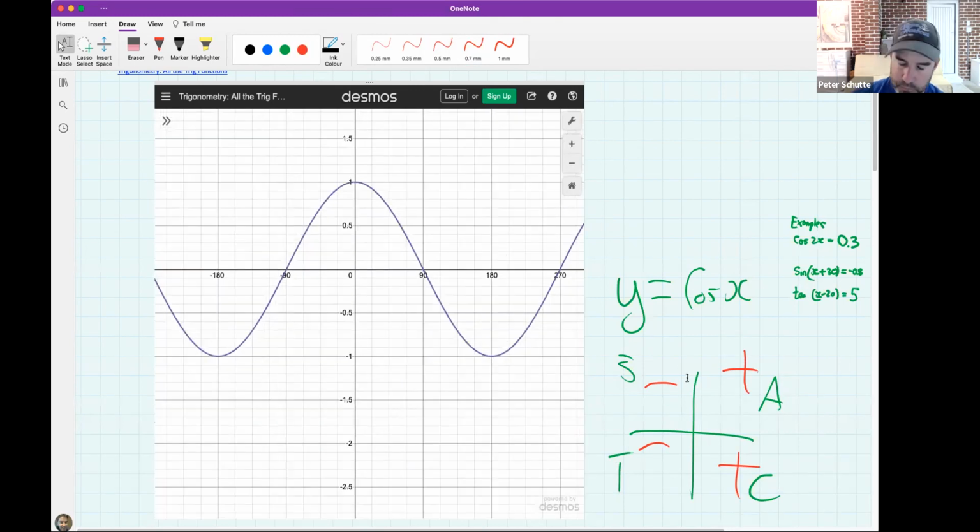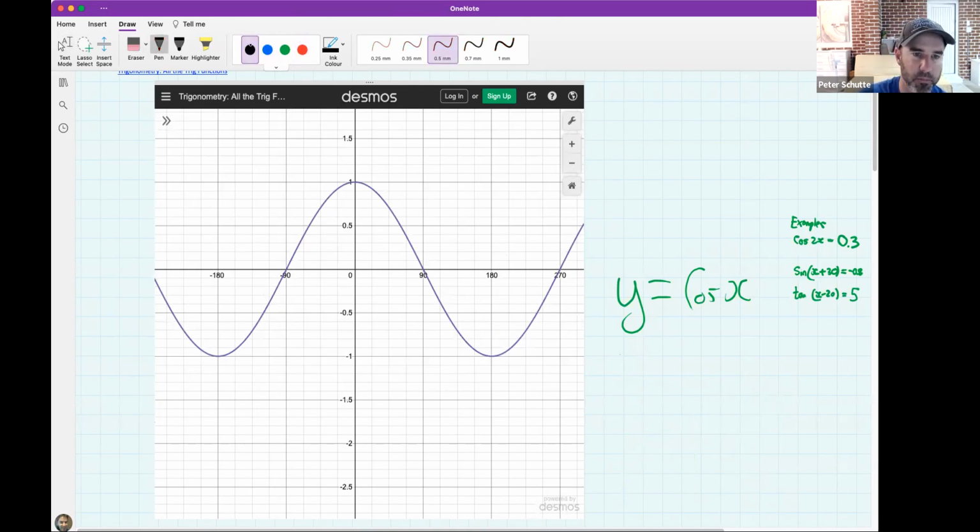Okay, now, what I want to look at today is if we start to do something like this. It's called a transformation. If I say to you the graph y equals cos 2x, do you know what's going to happen if I type that into my formula?